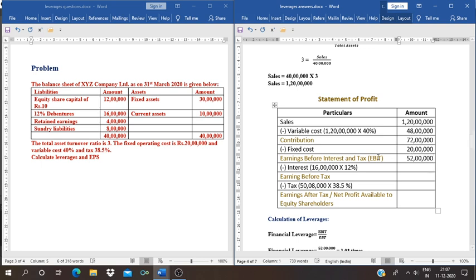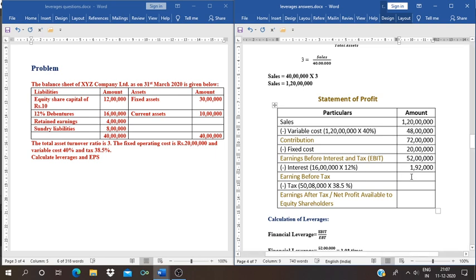Then interest. We are going to calculate interest on debentures. The debentures amount is 16 lakhs and the rate of interest is 12%. 16 lakh into 12% is 1 lakh 92,000.